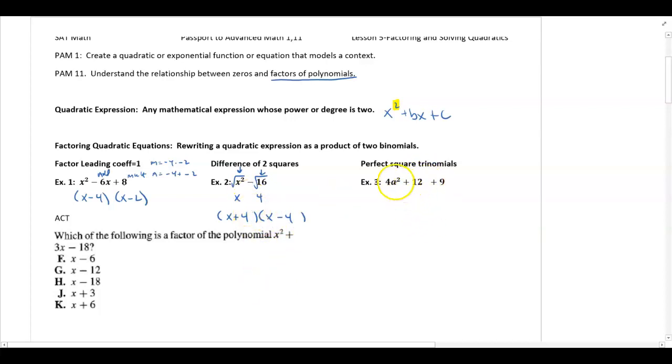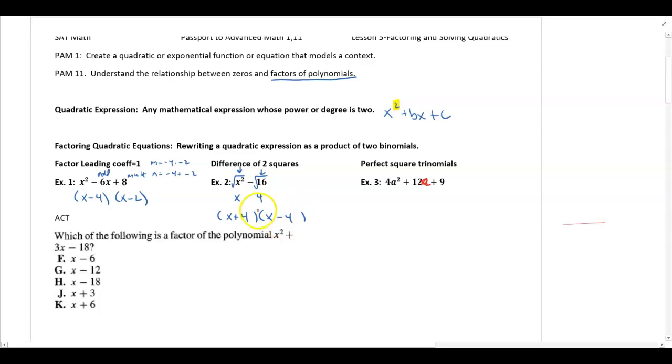One less common one that you guys have used throughout high school is a perfect square trinomial. And this should be 12x, or 12a, sorry. Okay, when I look at this, anytime I get something on the SAT that has a number in front of the x squared, or in this case, a squared term, they don't have a lot of what we referred to back in the day as AC method.